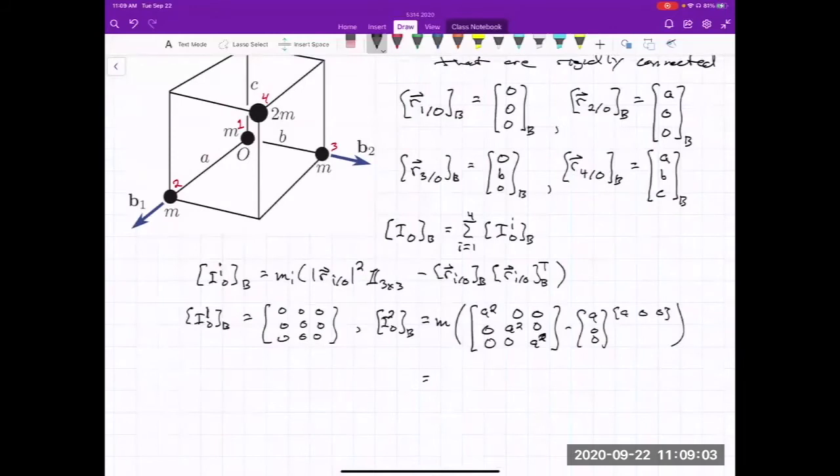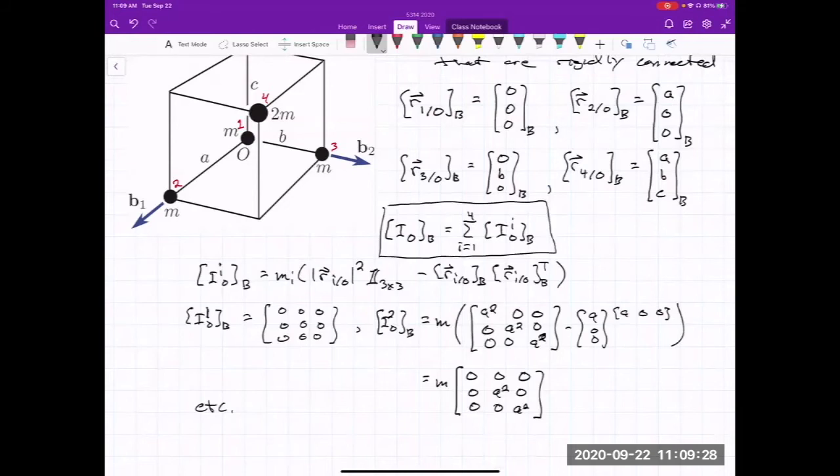You can work this out to give you the mass M times everything is zeros except for there's A squared in the 2 slot, and the 3 slot, etc. And then you would just add all of those up, like up here, this boxed equation, to get the total moment of inertia matrix for this system with respect to the point O. Now, how would you do part D of homework problem 3?